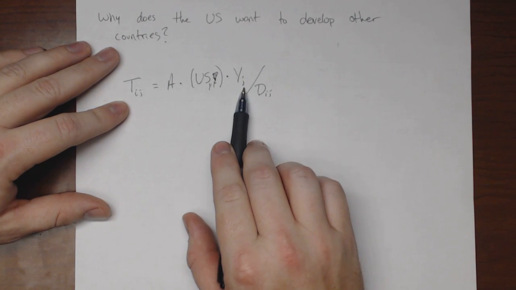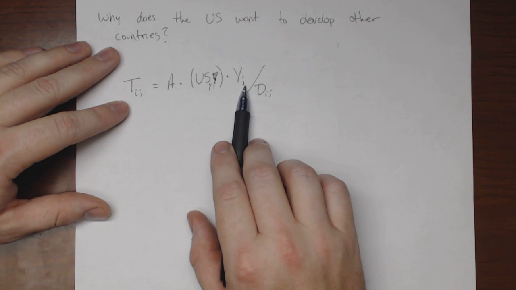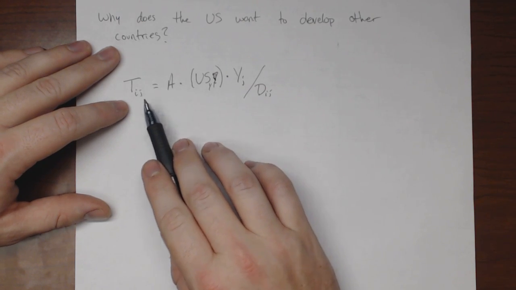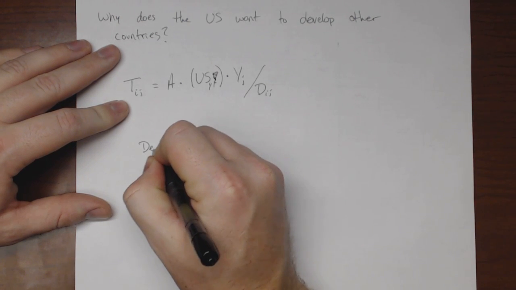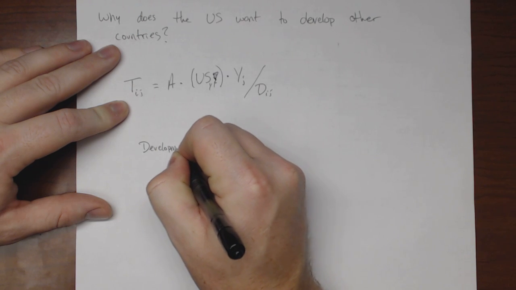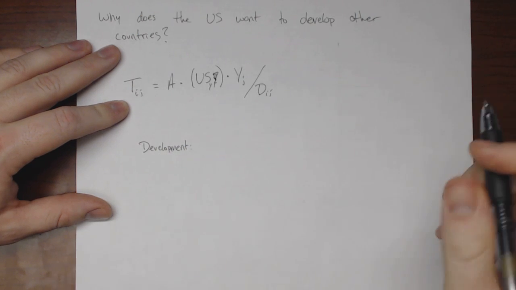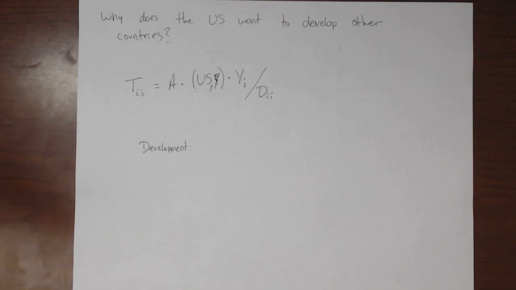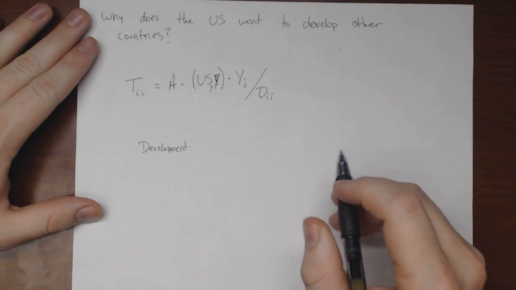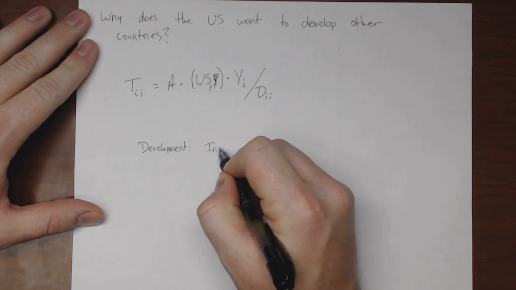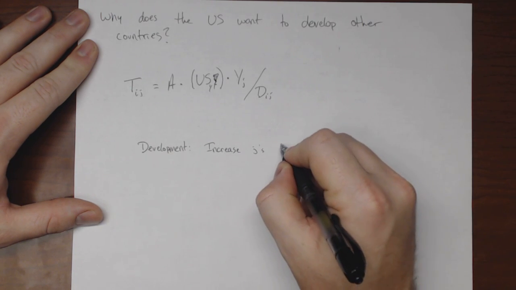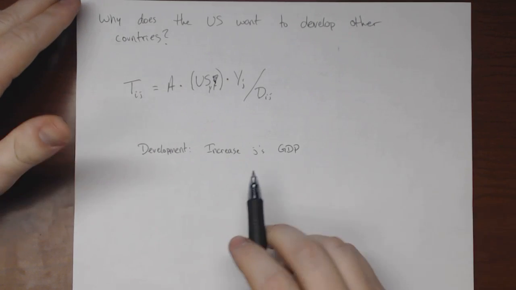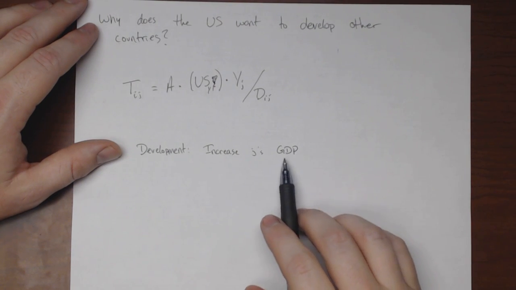If the U.S. can help develop country J, what happens to the volume of trade between the U.S. and country J? The goal of development, to put it bluntly and boil it down to one statement, is to increase J's GDP. We want country J to be more productive.